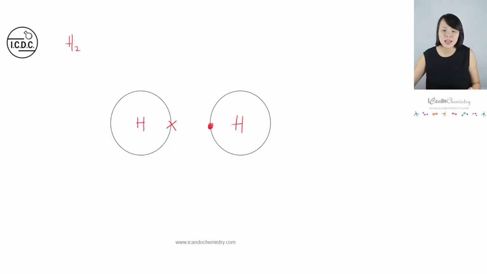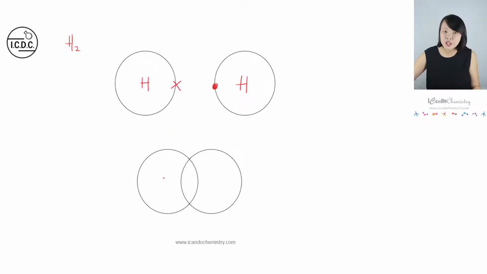But hydrogen in this case, each of these hydrogen has 1 electron shell and it only has 1 electron in the shell. It has not attained noble gas electronic configuration. It needs to undergo chemical reaction to form a covalent bond. So when they come together, what will happen is each of them will share 1 electron.